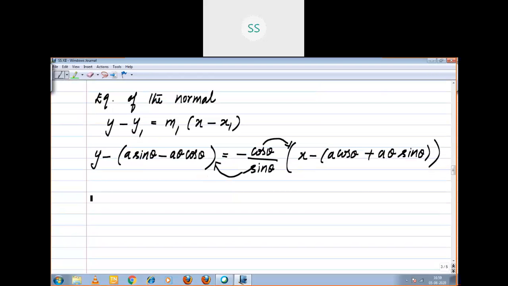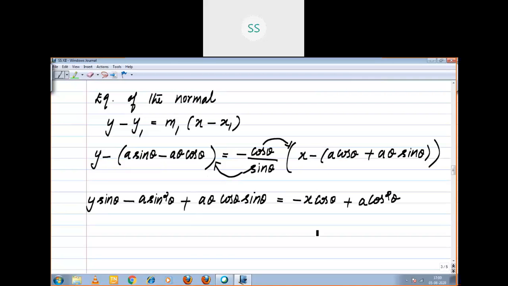What can you get? y sin theta minus a sin square theta minus into minus plus a theta cos theta sin theta equals minus x cos theta plus a cos square theta plus a theta cos theta sin theta.